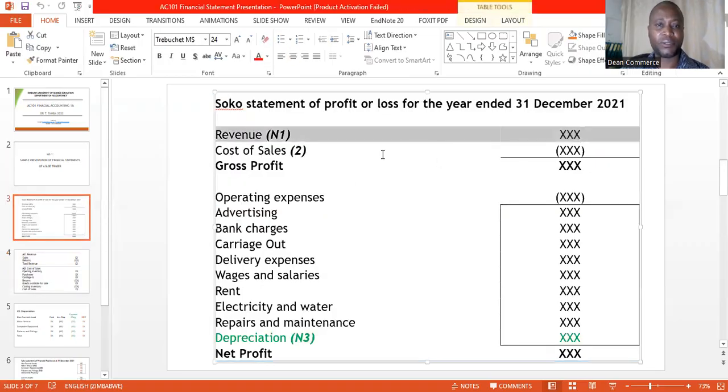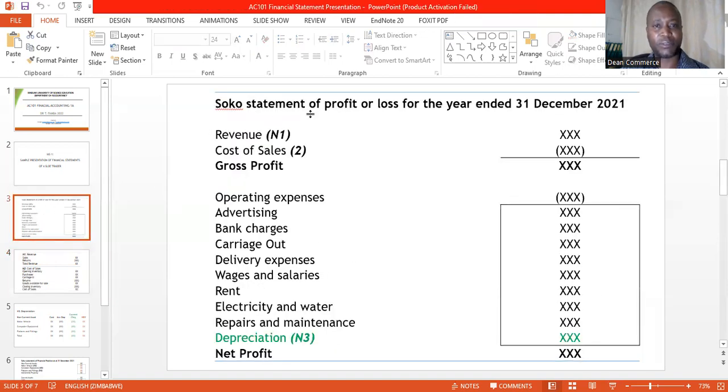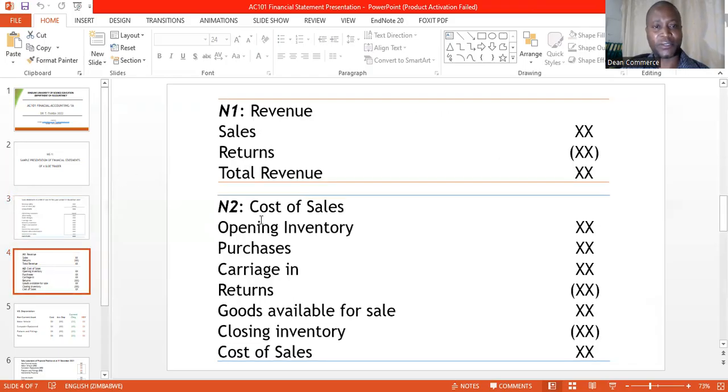A figure which you will then bring here and label note 1. So this system of calculating the notes will mean that our statement of profit or loss and other comprehensive income for the year ended 31 December 2021 will be a clean statement without too much detail, which will be provided in the notes.